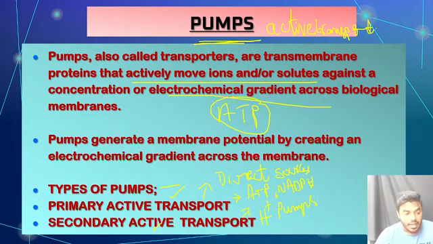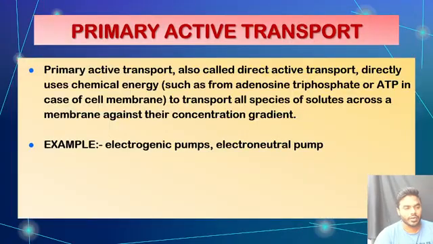So that's why primary active transport is utilization of energy from direct sources; secondary active transport is utilization of energy from indirect sources. When we are reading phloem transport, automatically you will understand about the secondary active transport.